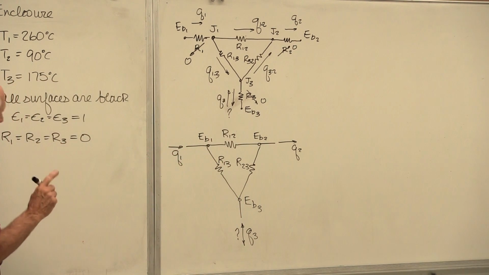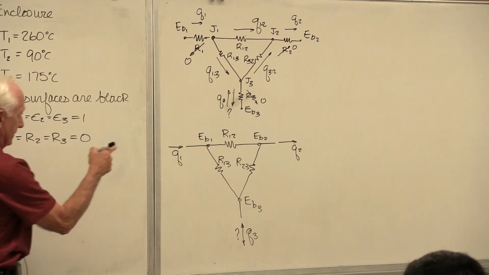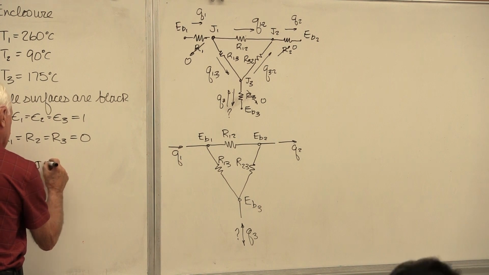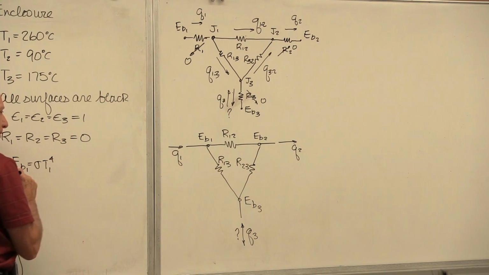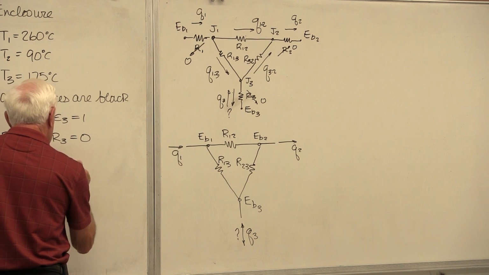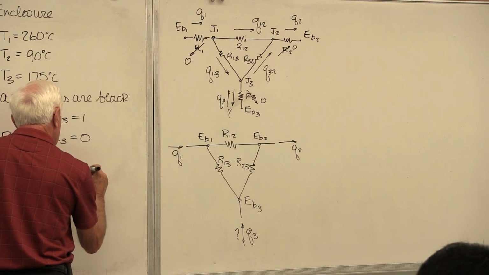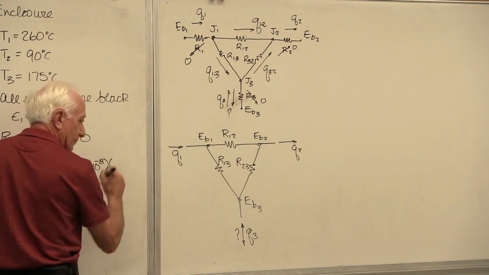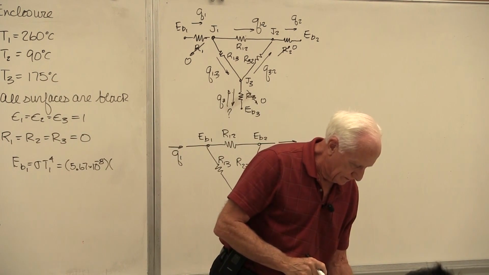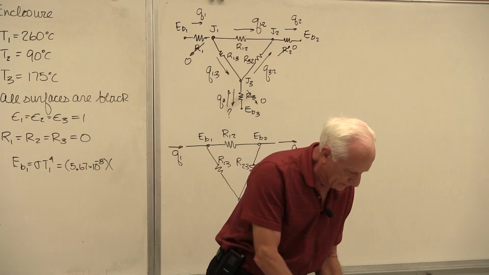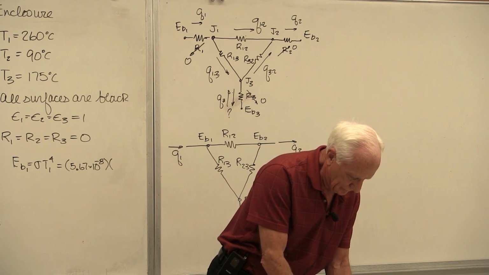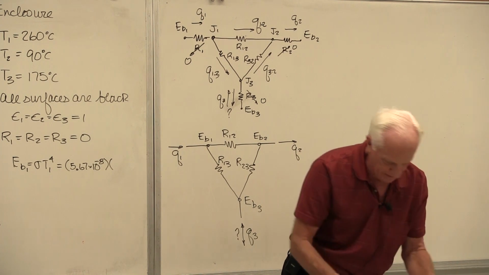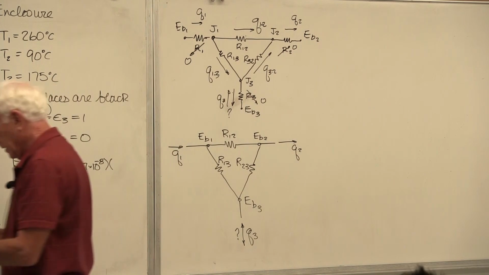All right, but you know what? I know those EBs. Those are known. EB1 equals sigma T1 to the fourth. Black body emissive power. Sigma is 5.67 times 10 to the minus 8, multiplied by my temperature.